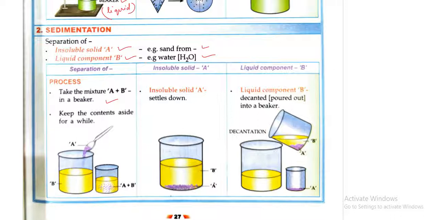The A will settle down, that is the sand will settle down and the liquid will be on the top, and then we will decant it. Decant means the liquid is poured out slowly. That is called decantation. What is it called? Decantation. Decantation means the liquid is separated very slowly, it is poured out.